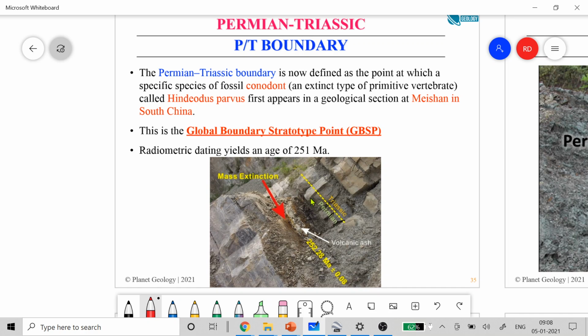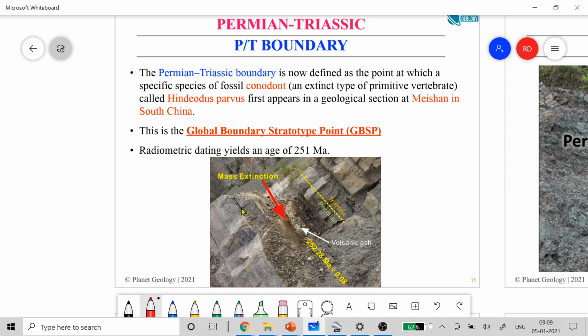Once you cross this, this is the actual boundary of the Permian-Triassic in this section. This extinction event, or this volcanic ash, has been dated at around 252.28 million years, and the boundary between Permian and Triassic is defined at 251 million years ago.